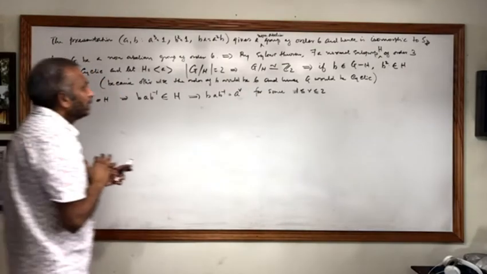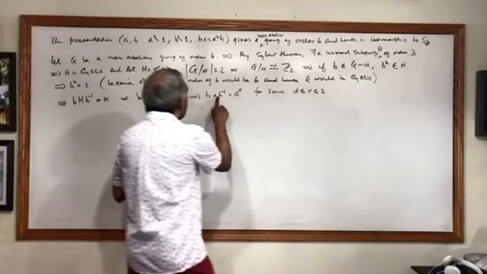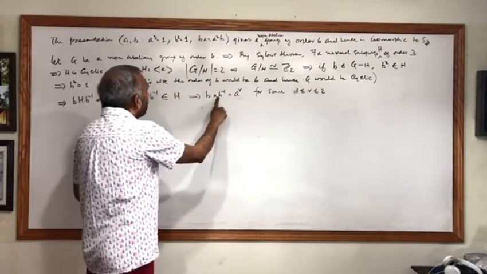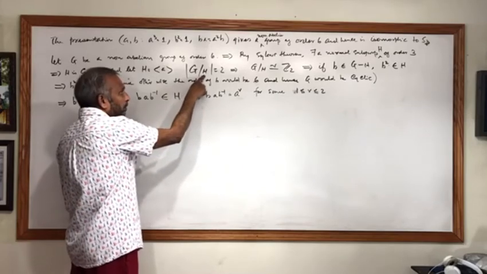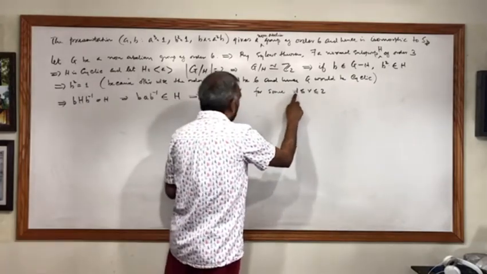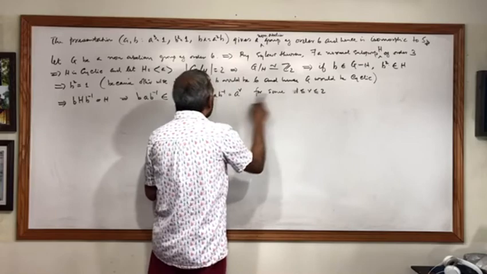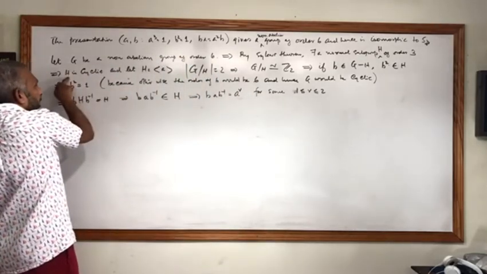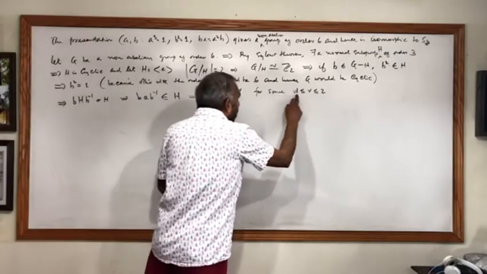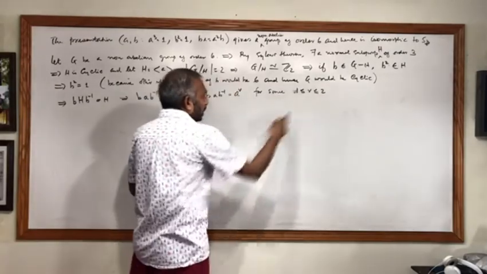Because this is coming from a group of order 6, so order 3. So it has to be either 0, 1, 2, it cannot be 0, because if it is 0, then it's an identity of G that cannot generate H. So it has to be 1 or 2.